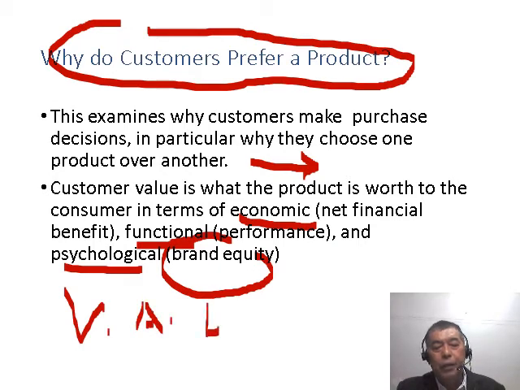Net financial benefit refers to the purchasing power, especially if your age bracket is from 25 to 40 years old. They have the economic stability. They are already financially stable. All right.